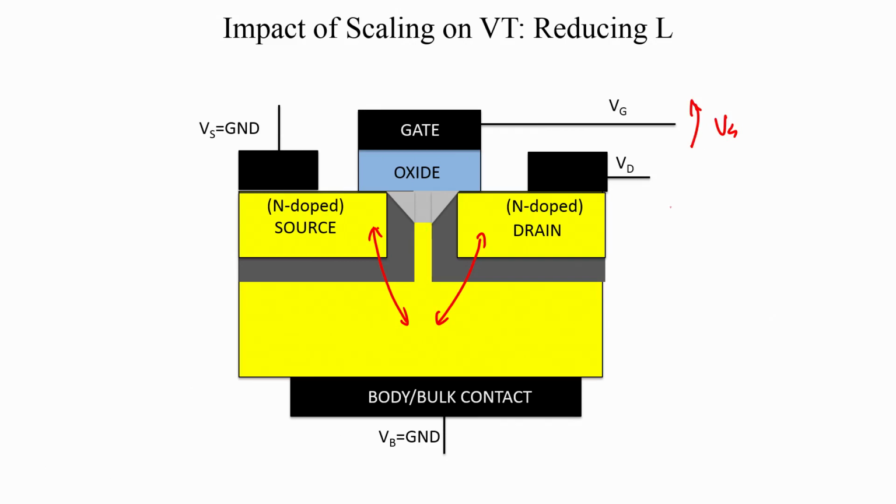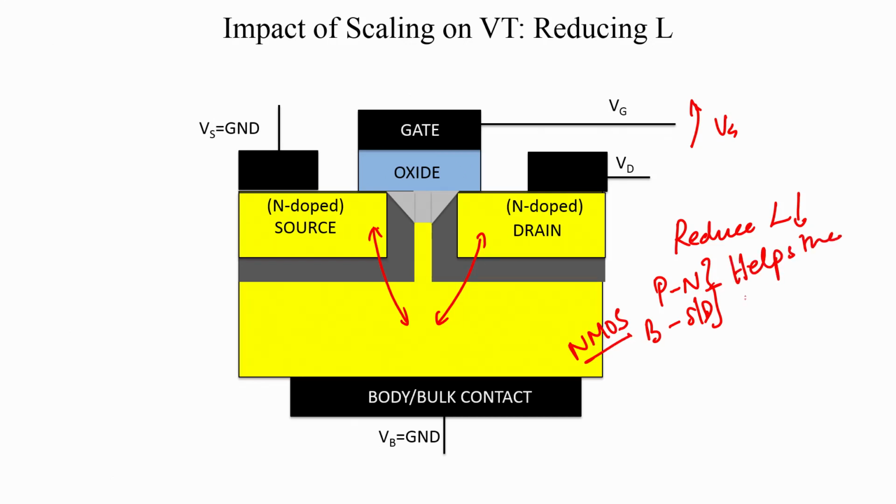So, in other words, as we reduce the channel length, the PN junctions between the body and the source or drain, since we are talking about NMOS, we are always discussing the N MOSFET, we have never discussed the P MOSFET so far, the PN junction helps the gate significantly. That is the key, significantly.